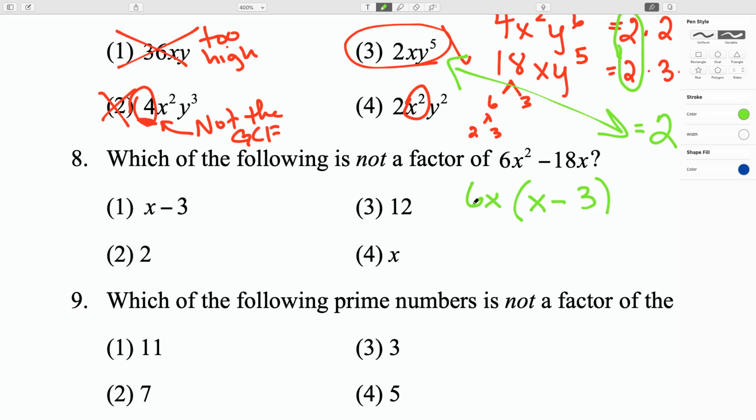Now, this 6 can be rewritten as 2 times 3, right? So if we really want to break it all the way down to the prime factors, we would write 2 times 3x times x minus 3. So those are my factors. So which of the following is not a factor?